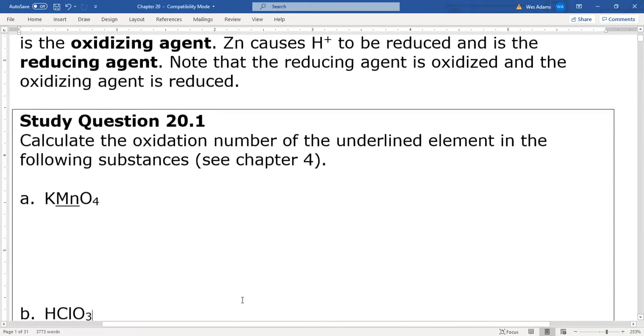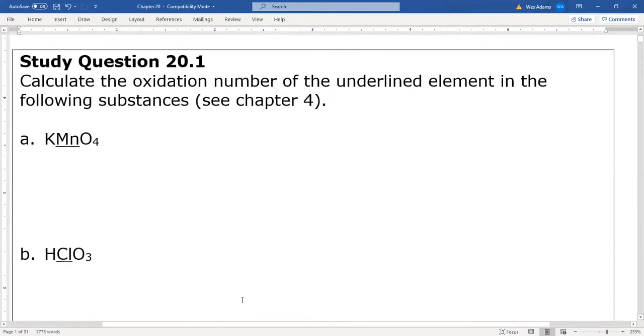Just as a means of review, since we're going to calculate oxidation numbers to balance reactions, here's a couple for us to work on. And we'll apply the rules that we talked about in the first course, and then we'll work forward from that. So we'll do potassium permanganate, and we'll look at chloric acid.